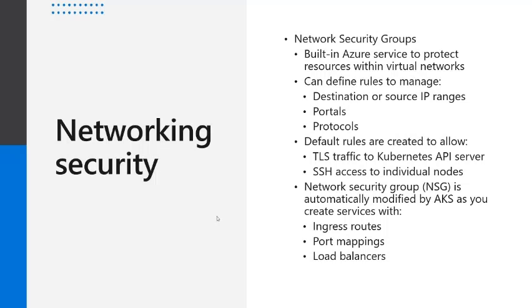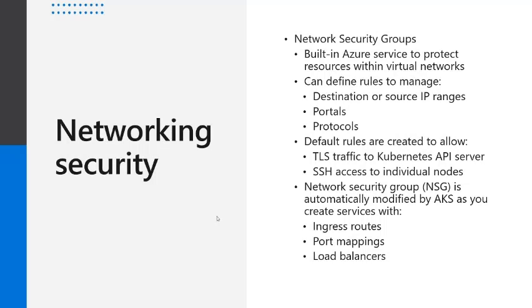Network security groups, you already know or not. If not, then to filter the flow of traffic in virtual networks, Azure uses NSG rules. These rules define the source and destination IP ranges, ports, and protocols that are allowed or denied access to resources. Default rules are created to allow TLS traffic to the Kubernetes API server and for SSH access to the nodes.